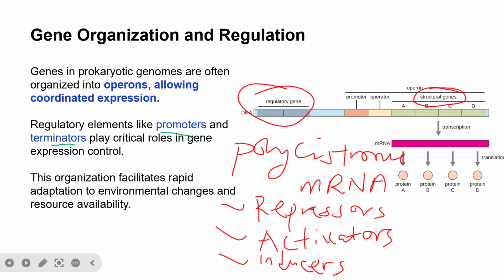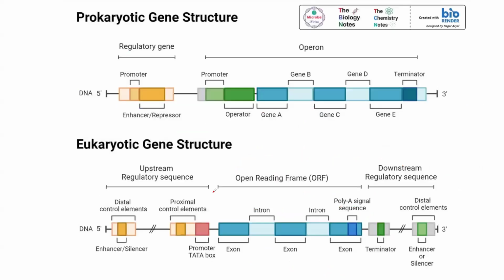It is poly because it is messenger RNA of different proteins conjugated together. Those messenger RNAs are then expressed to produce four different proteins for the same purpose. So this is a brief on the concept of the operon system.